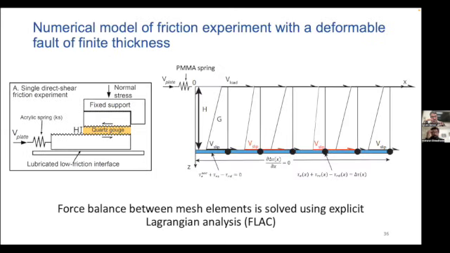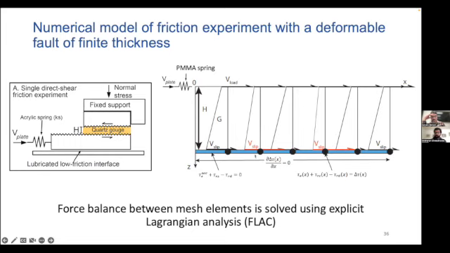So we simulated these experiments in a 1D numerical model of the fault, where instead of assuming that the fault is a rigid block, the fault in our case is made up of a deformable mesh of elements. And so we take the fault thickness explicitly into account in the calculation of the elastic loading rates in the strain history.